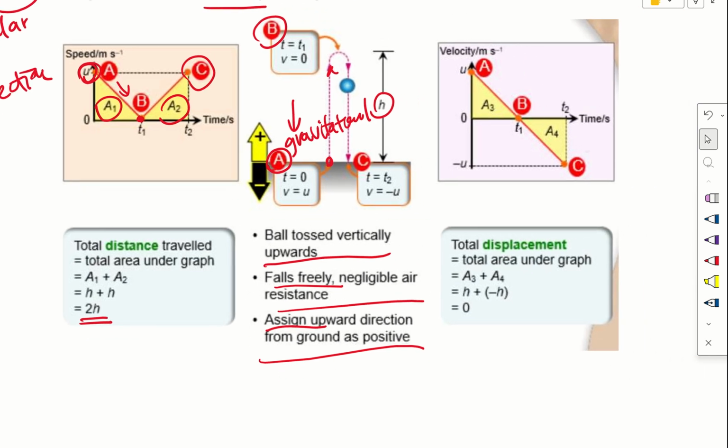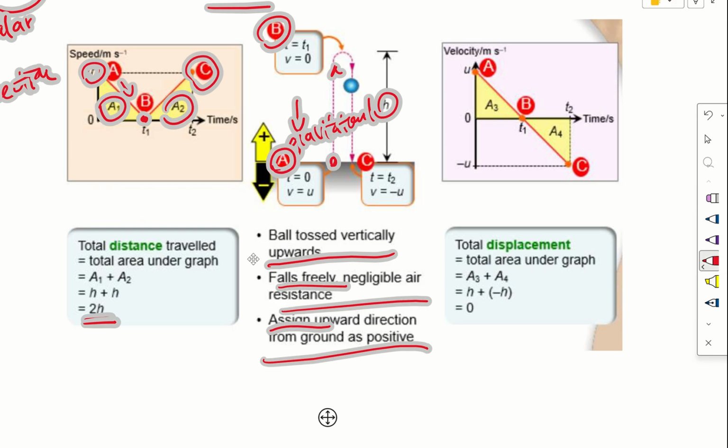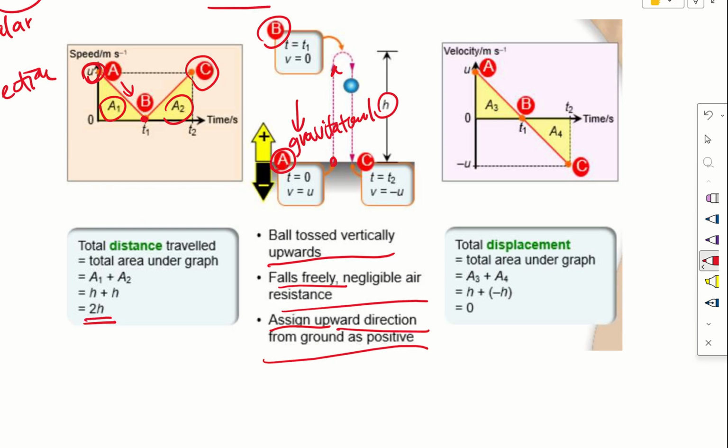Now we look at the velocity time graph. We say that upward direction is positive, so we give it an initial velocity of u, which is positive. When it goes up to B, maximum height, the velocity reaches 0. But once it reaches maximum height, it will come down. Going down means it is negative.